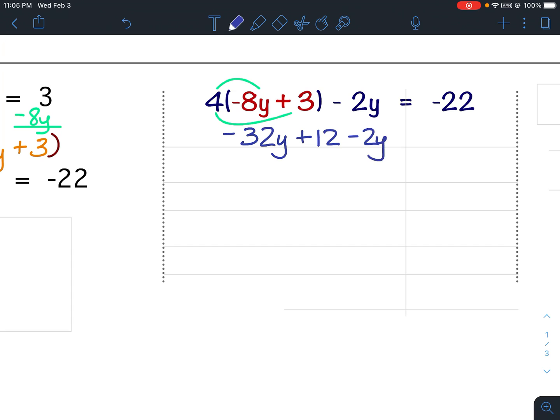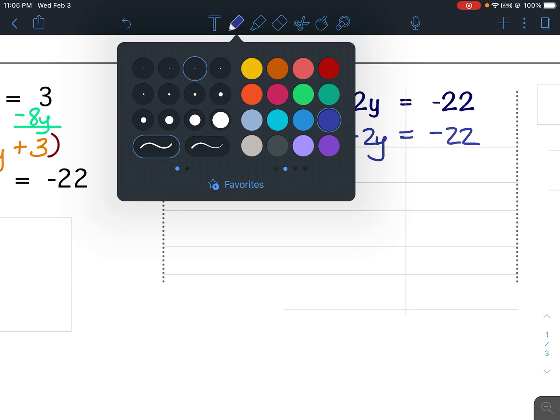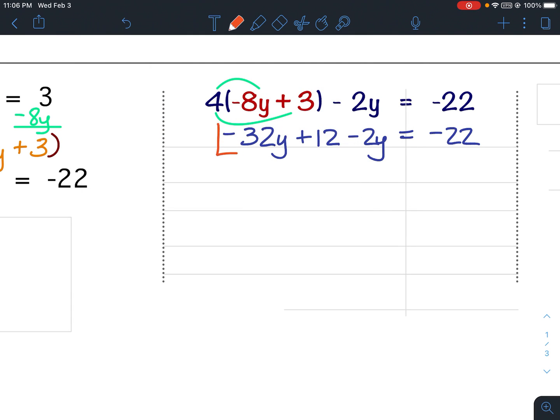Bring down the -2y. Keep the equal sign signed up. Bring down the -22. And now we combine like terms.